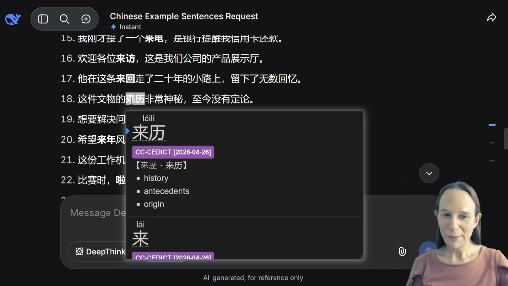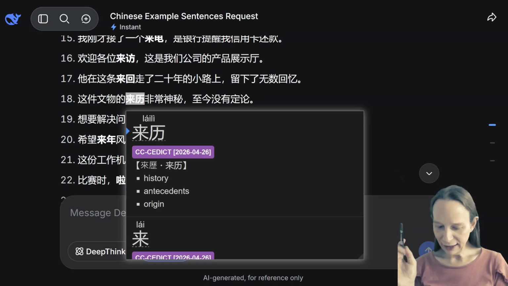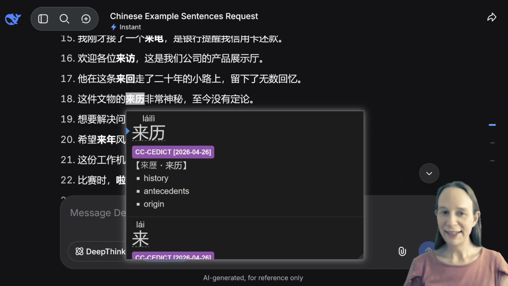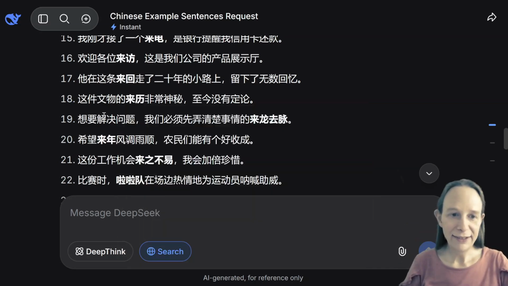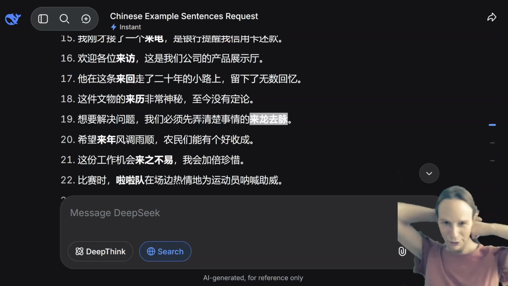All right, I wasn't going to guess antecedents, I can tell you. 来历人或事物的历史和背景. So the background story or history to a person or some object. 来历不明，查清来历，有来历的特殊人物. All right, 来历. All right, let's continue. 想要解决问题，我们必须先弄清楚事情的来龙去脉. I use this term all the time. 来龙去脉.